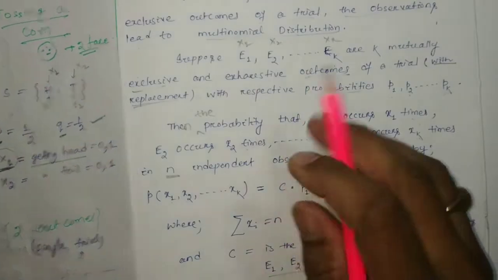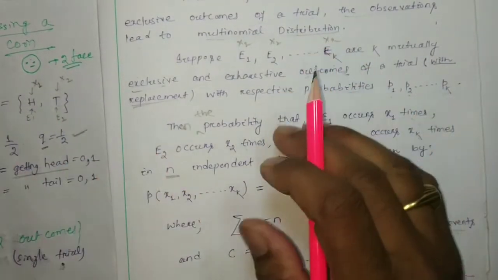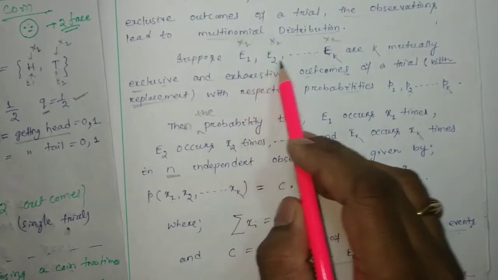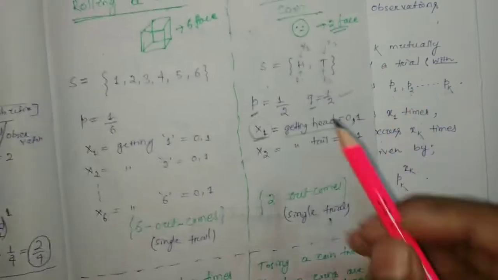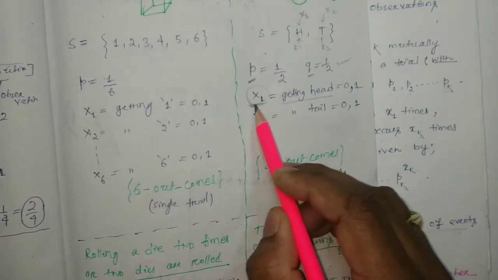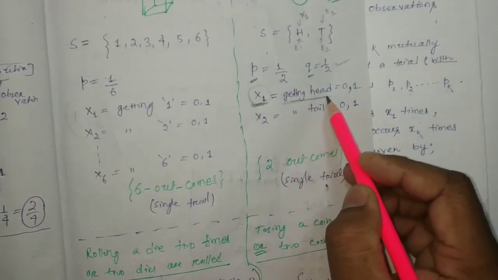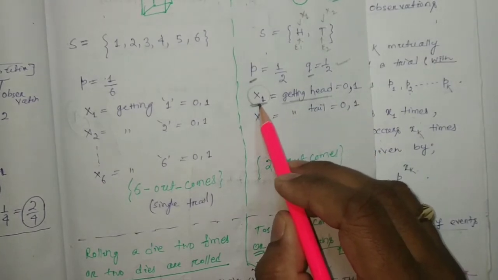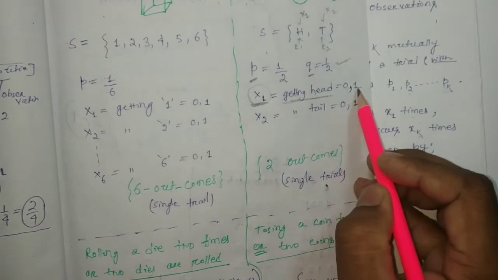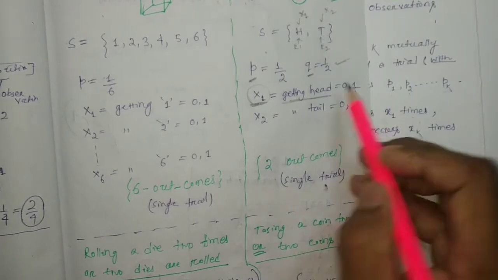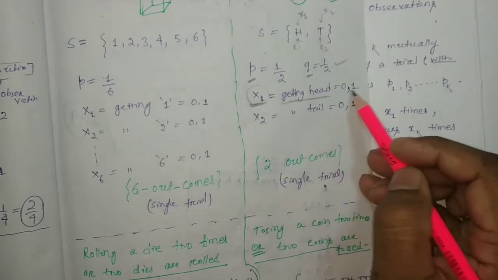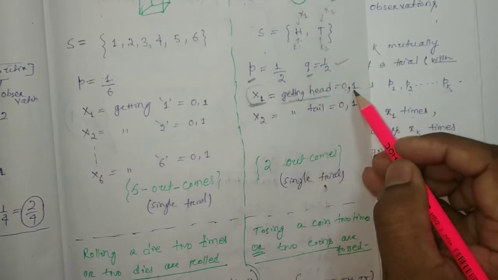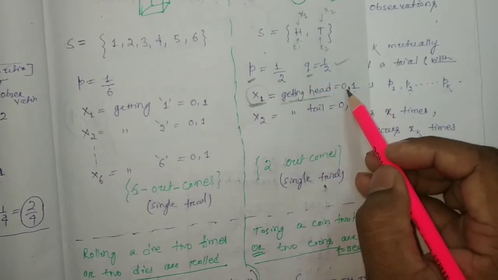Just understand whatever I am going to explain here, and keep in mind that E1, E2, Ek are the exhaustive outcomes. So here X1 represents getting head. The values of this random variable X1 will be 0 and 1. That means head can appear, 1, or head not appear, 0.